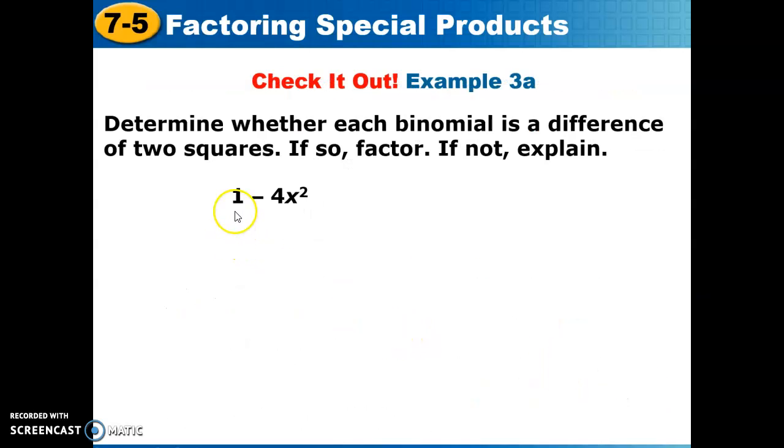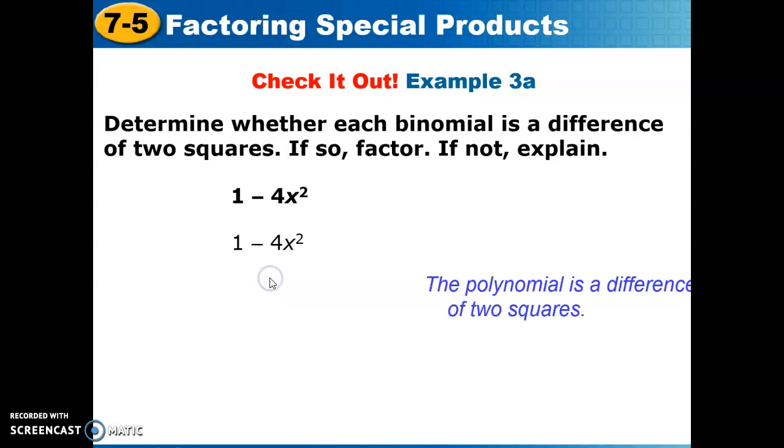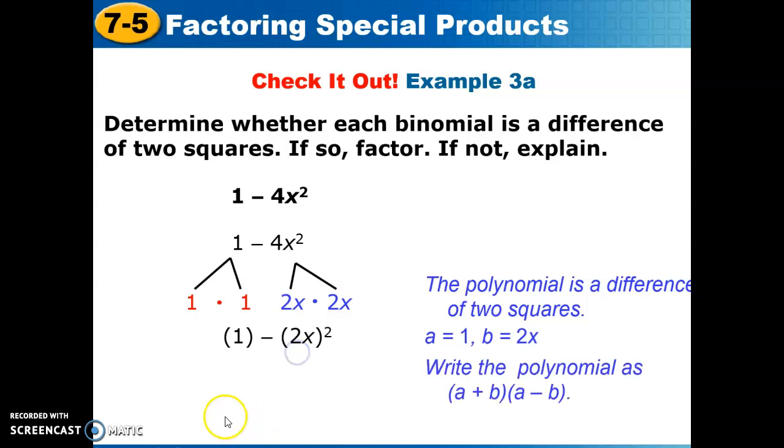Okay, this one, don't get thrown off because there's no x here. 1 is still a perfect square. Same thing with 4x squared. That is a perfect square. So we can go ahead and go directly to our answer, which would be 1 plus 2x times 1 minus 2x. This is your answer right here.